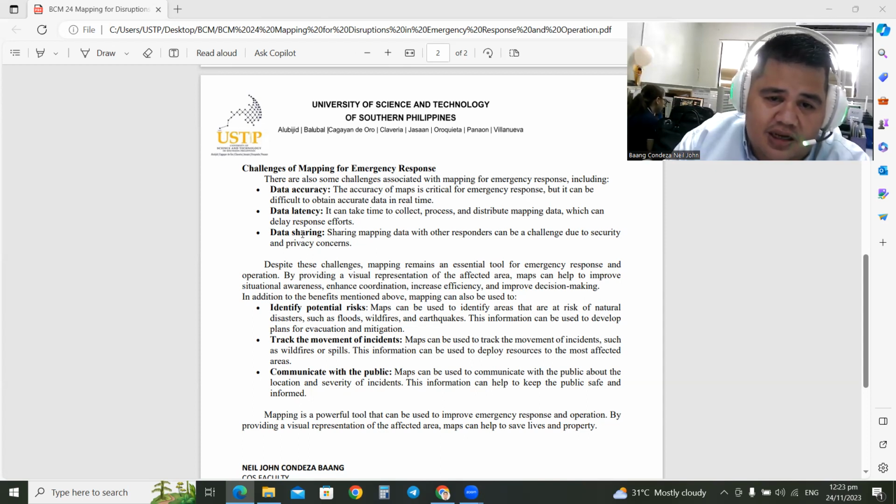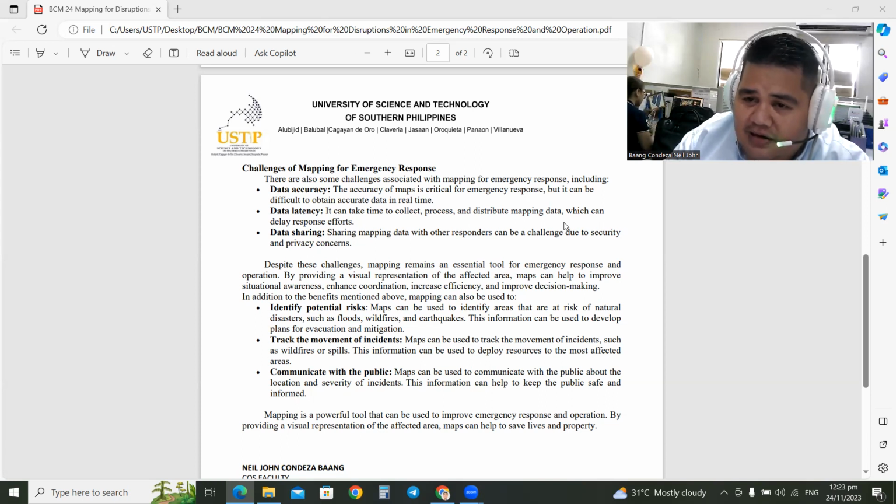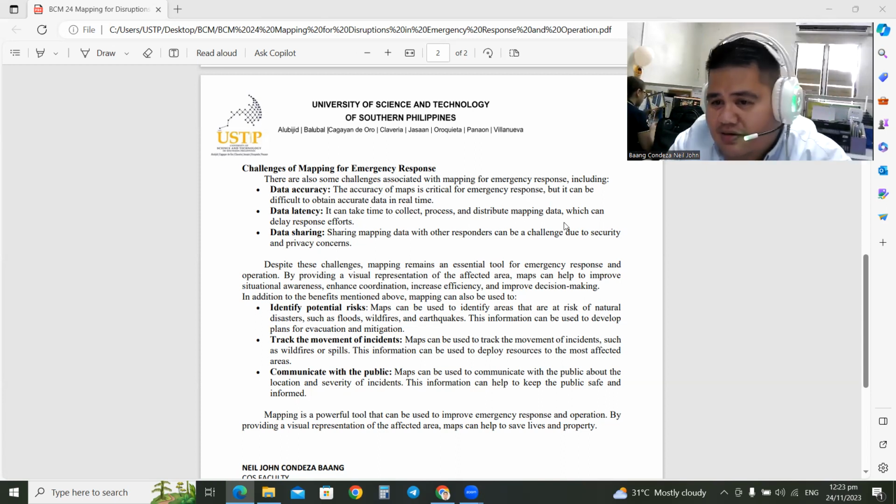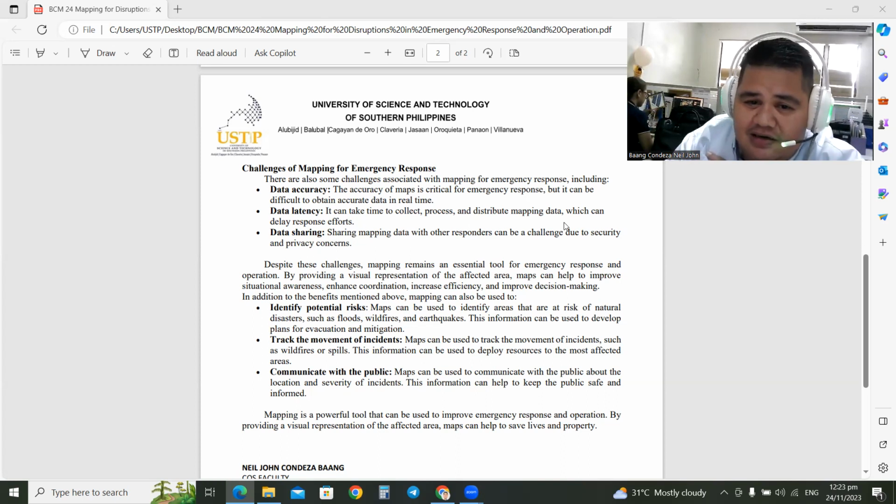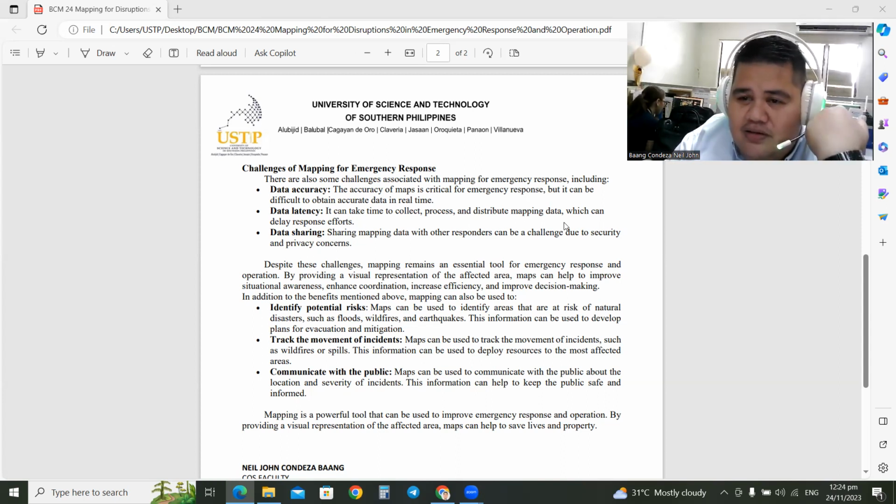The second challenge to mapping for emergency response is data latency. What is data latency? It can take time to collect, process, and distribute mapping data, which can delay response efforts, especially if it is only coordinates, so we have no problem. But as to the imagery on the ground, unlike here in the city where we have Google Maps and road maps where you can see every road and its appearance, for those far-flung areas in the mountains, it is very difficult, right?